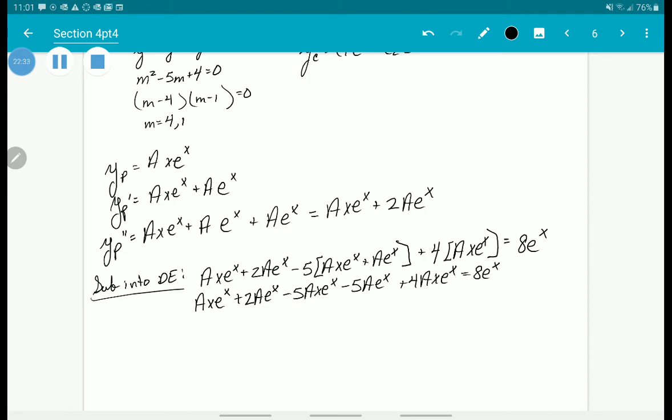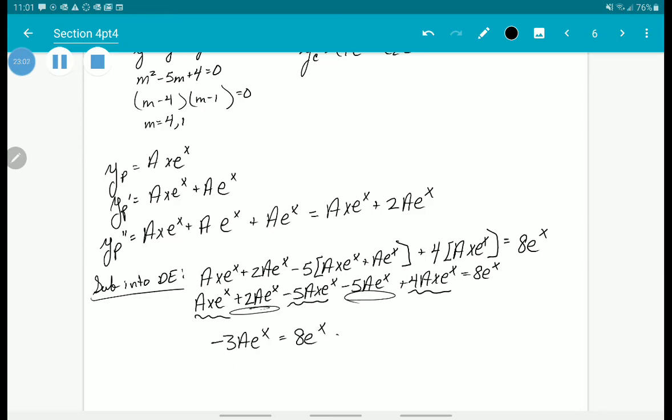I'm going to combine like terms before I start. Looking at the x e to the x terms, it looks like they all cancel. Looking at just the e to the x terms, we have 2a minus 5a would be minus 3a e to the x has to be equal to 8e to the x.